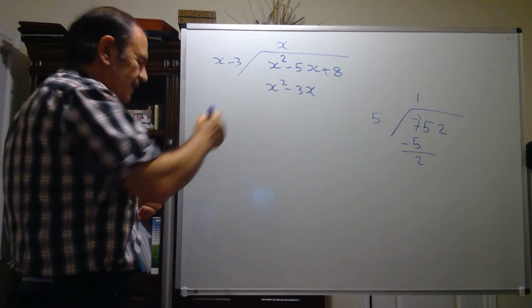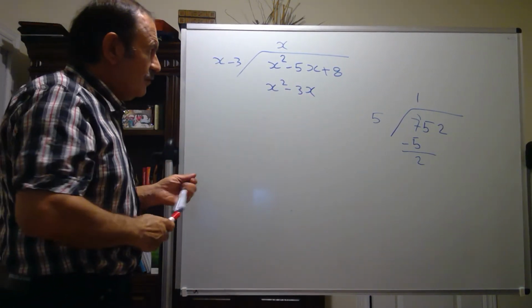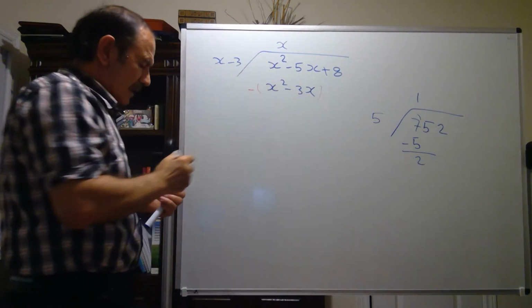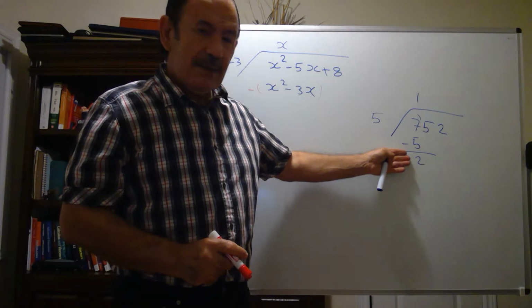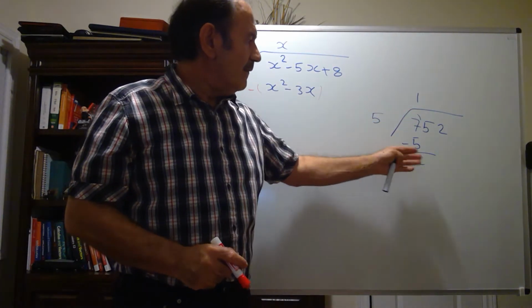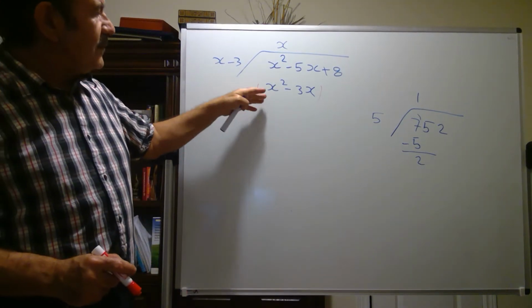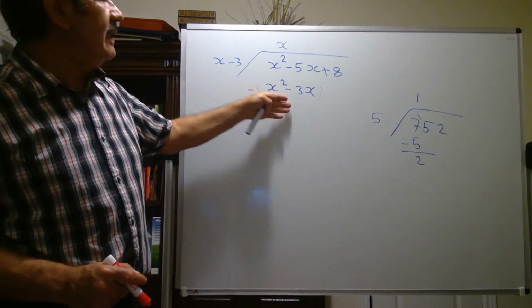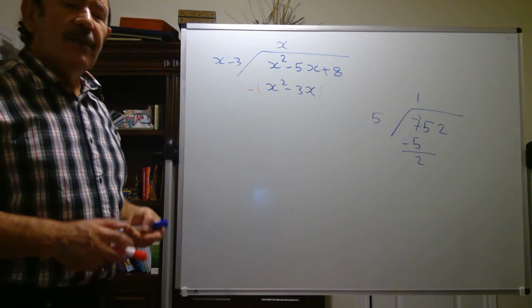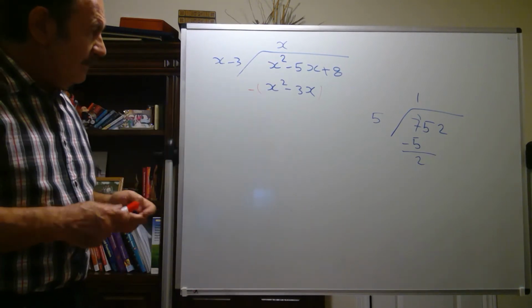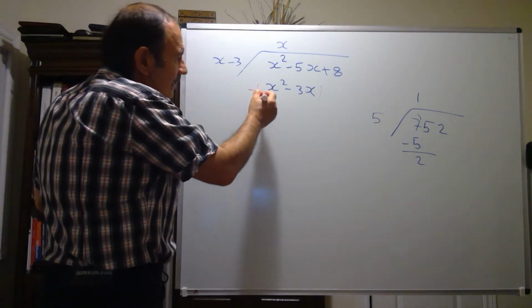Then we should subtract this one from the top. Can you see? We subtracted 5: 1 times 5 is 5, then we subtract 5 from 7. We do the same thing. Subtract x squared minus 3x from the top. Now, to make it easier, because we are subtracting, negative times positive is negative, I put this sign here.